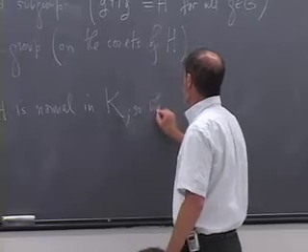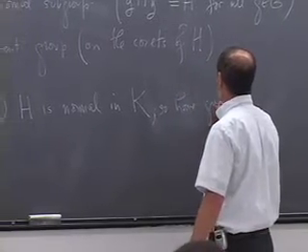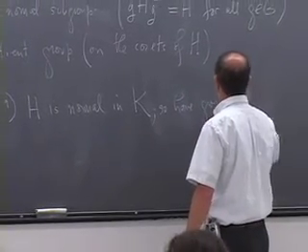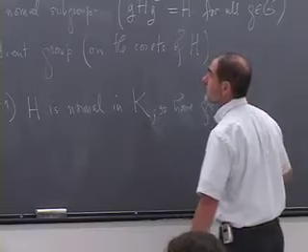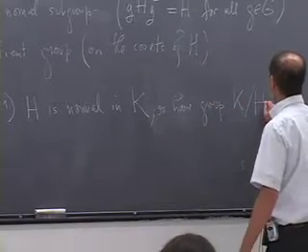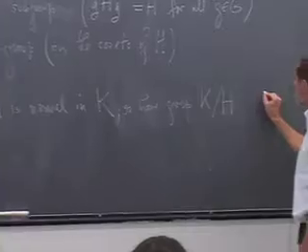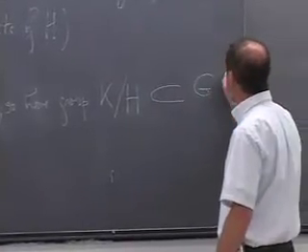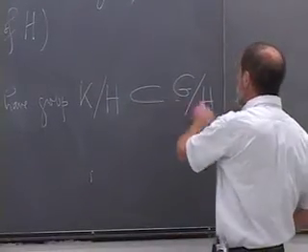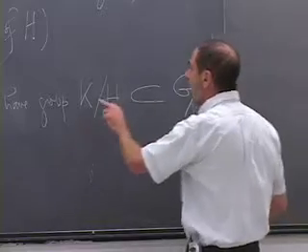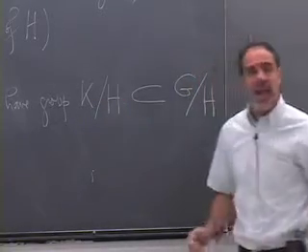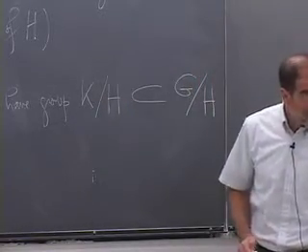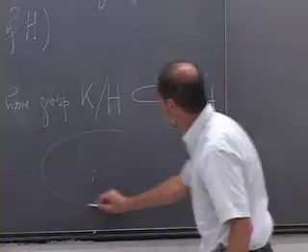So therefore, we can construct a quotient group, K mod H, which can be thought of as a subset of G mod H. These are precisely the H cosets that contain elements in K. So here's the picture.